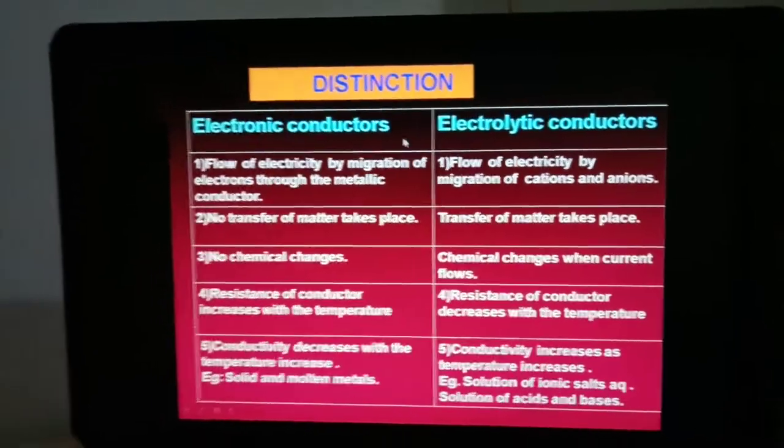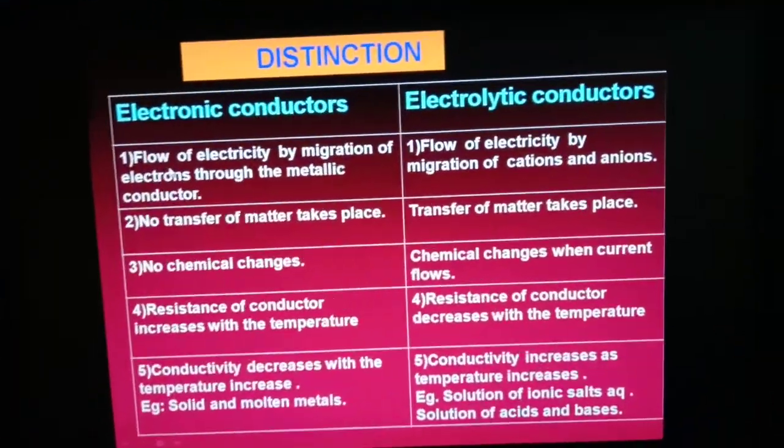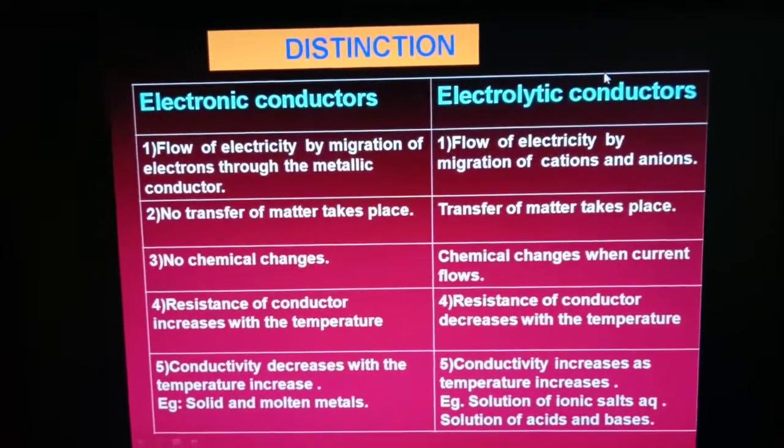This point is important regarding board exam point of view. This question, if asked, carries 2 marks in this exam.